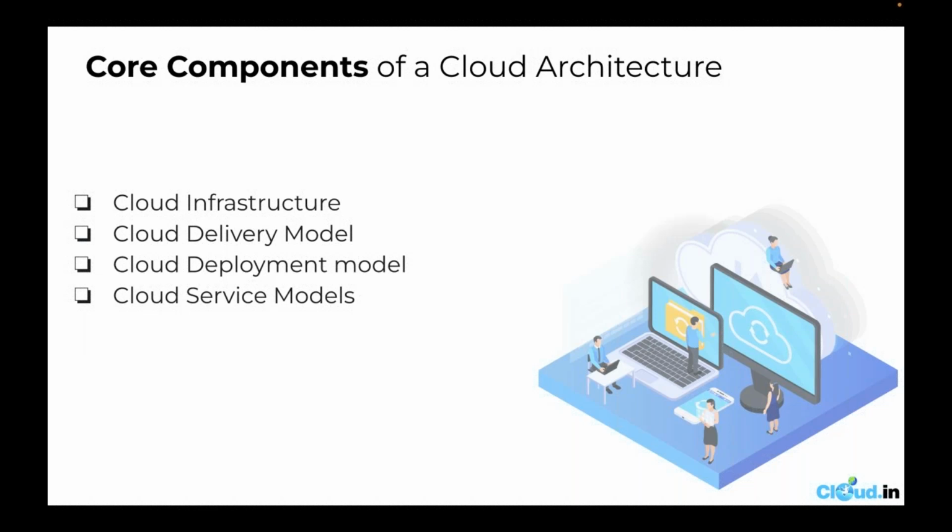Okay. And moving on, we have the cloud deployment model, which is a very major part in an architecture. So there are basically three fundamental deployment models of cloud computing, which are the public cloud, the private cloud, and the hybrid cloud. So as we all know, in the public cloud model, the services and infrastructure are hosted on premise of the cloud provider and are provisioned for open use by the general public.